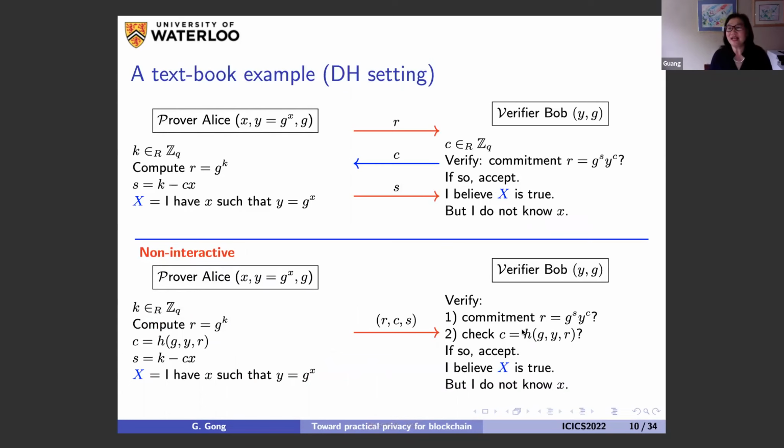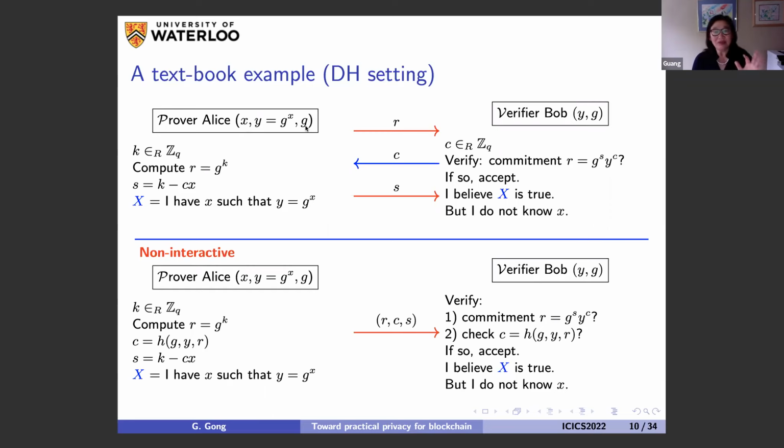This is a textbook setting, for the Diffie-Hellman setting. The prover is Ines. What does she want to prove? She wants to prove that she has X such that Y equals G to the X. In the DH setting, X is a private key, Y equals G to the X is the public key, and G is a generator.